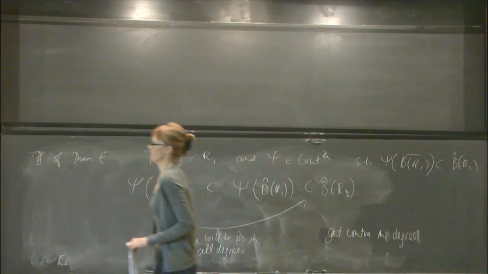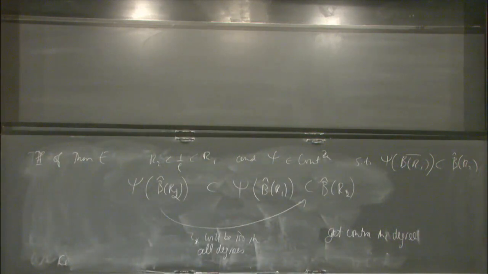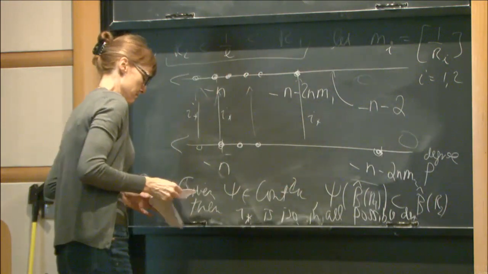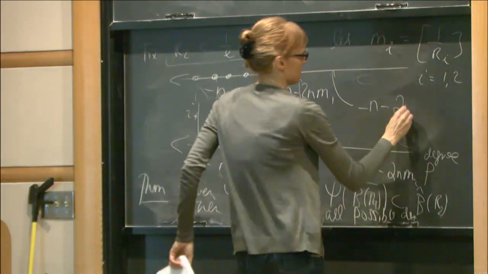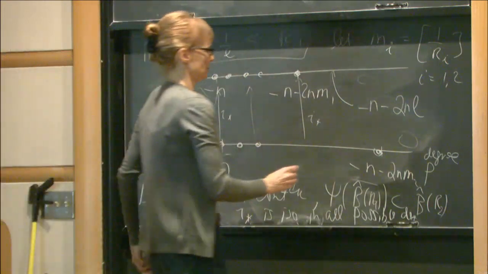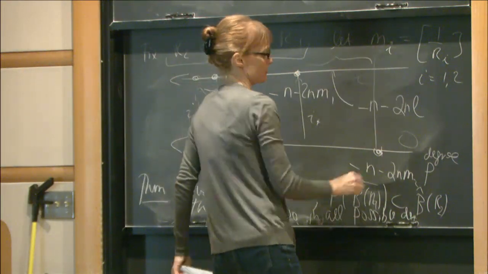So in particular, right here, sitting in between there is going to be minus n minus 2n L. Somewhere between those.